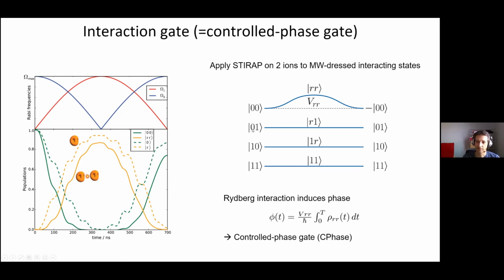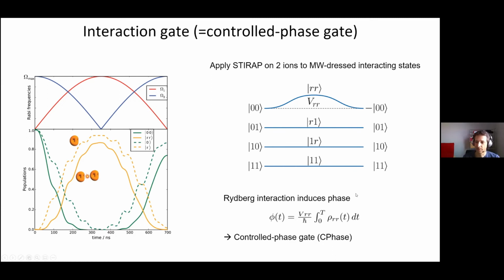On the other hand, if only one of the ions is in state 0, then only one of the ions is excited to Rydberg state, while the other ion stays in state 1. Since there's no Rydberg-Rydberg interaction, there's no energy shift and there's no phase. Also, if both of the ions are in the S1/2 ground state, none of the ions is excited to Rydberg state, no shift, and we stay in state 1,1.